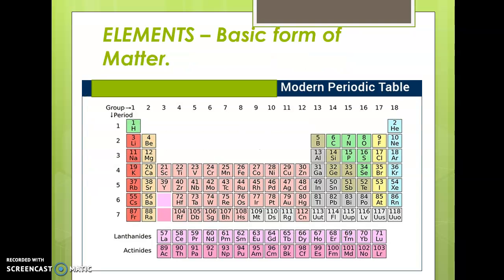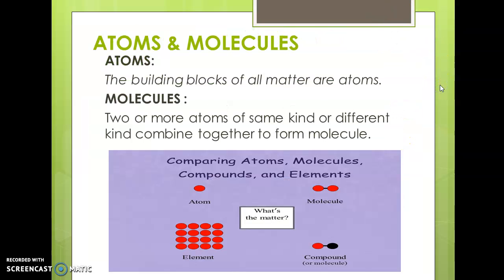Next, elements, the basic form of matter. As we all know, there are 118 elements as on date, which are classified as metals, non-metals and metalloids, and they are arranged in the modern periodic table like this. Why are we talking about elements? In the third lesson, elements exist as atoms and molecules.